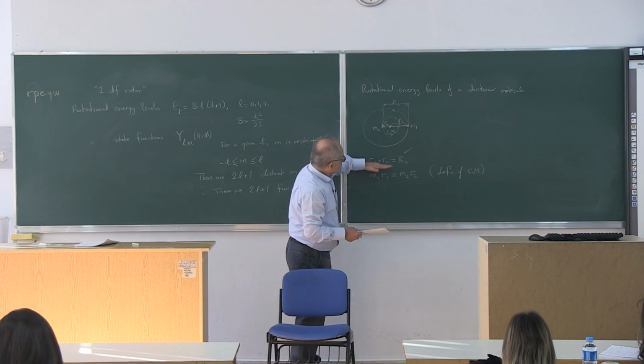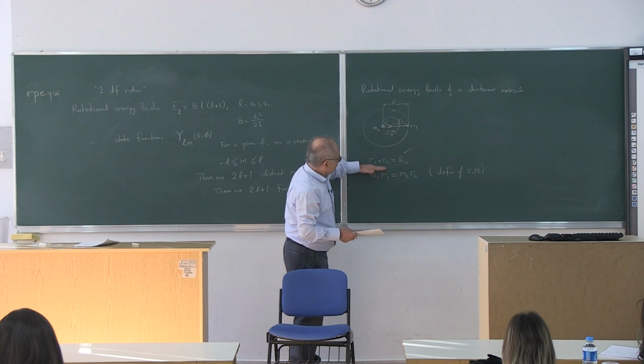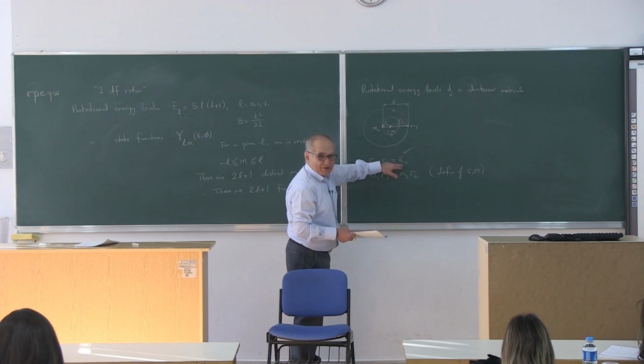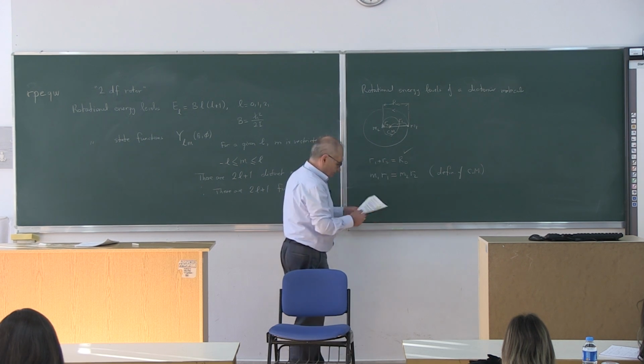Now, using these two relations, we can express R1 and R2 in terms of the masses and the bond length.